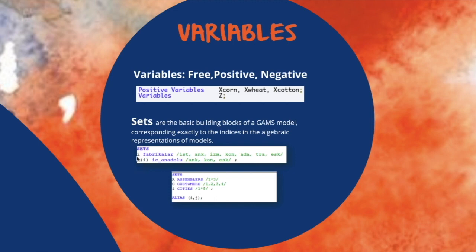After typing the sets command, we use, for example, I, followed by an explanation, fabrikalar, which means factories, also the indices of I. If you put I first, that means Istanbul, Ankara, İzmir, Konya, Adana, Trabzon, Eskişehir, according to their order. The two slashes mean that we are assigning indices to I. Another way of assigning indices is K in parentheses I, meaning the first index of I, or K1, stands for Ankara, the second Konya, and the third Eskişehir.